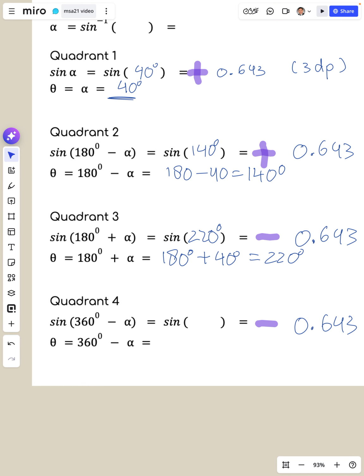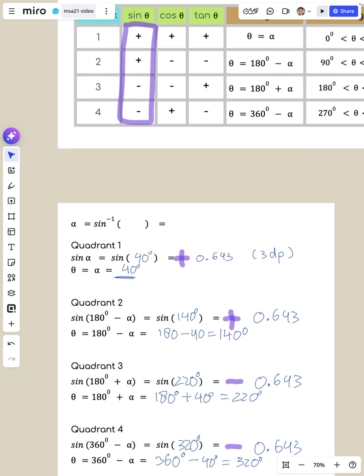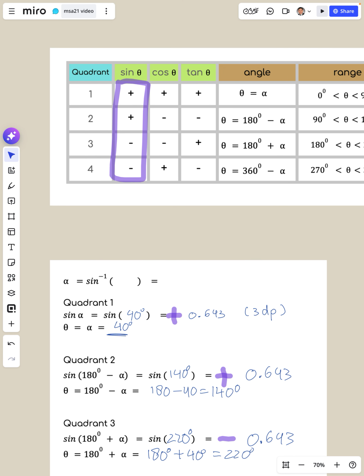Very simple. We put in here 360 minus 40 degrees, which is 320 degrees. So sine 320 degrees is equal to negative 0.643. Quite easy. We just apply the positive and negative sign from the table.